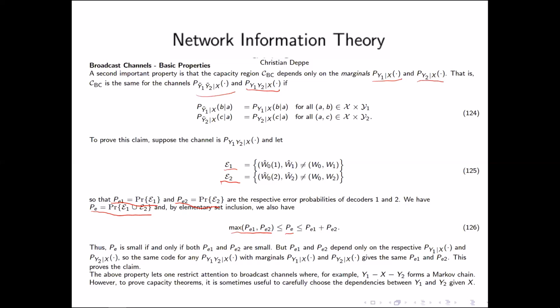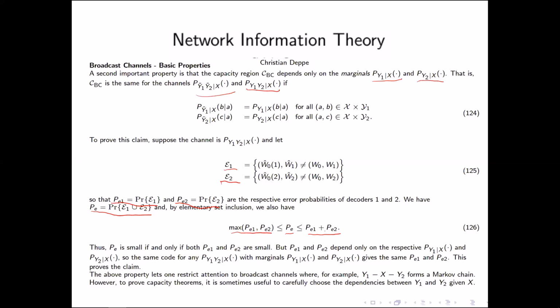But the sum of these two may be bigger than PE, because the events are perhaps not disjoint, which is mostly the case. Then we have this inequality: the maximum of PE1 and PE2 is less than or equal to PE, which is less than or equal to PE1 plus PE2. That's not so difficult to see.